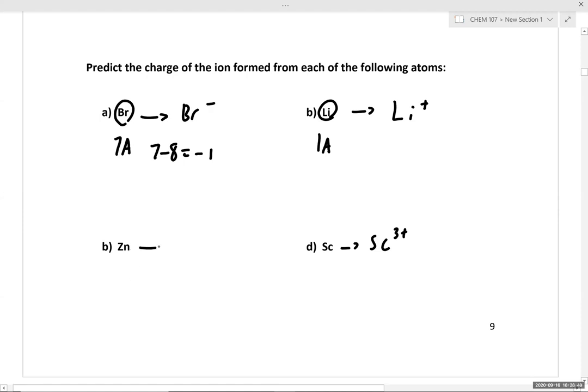Zinc is a fixed charge transition metal, and zinc prefers to form zinc 2+. It is one of our 3 exceptions. It's a fixed charge transition metal. Do these examples make sense?